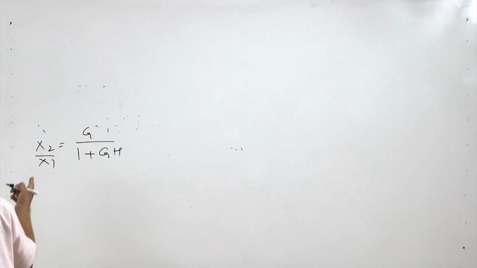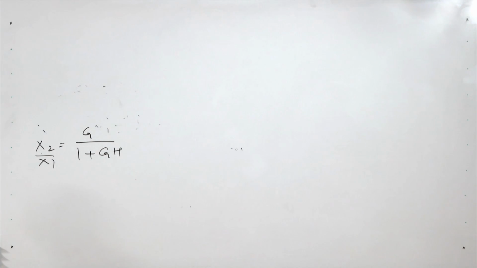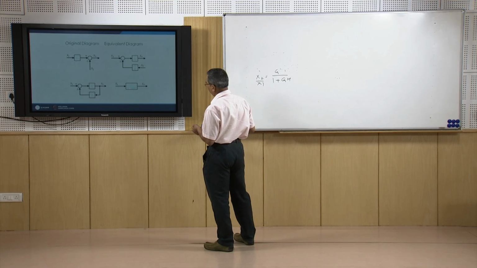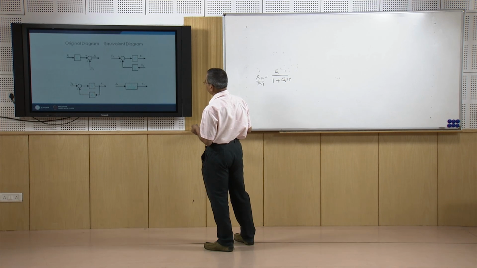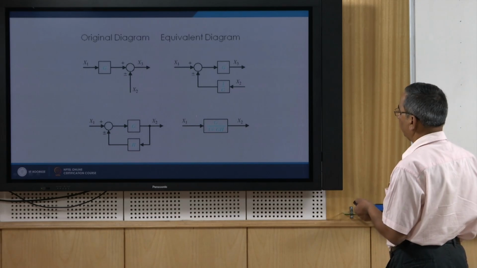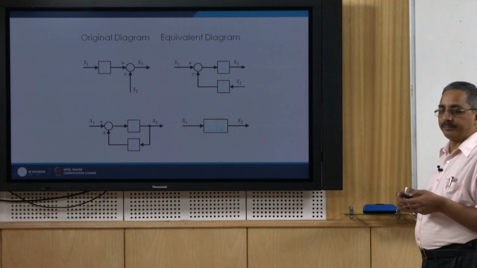Of course, this is valid if you have a minus sign here. If you have a plus sign, then for the positive case you will have the negative sign, and for the negative case you will have the positive sign. So, this is how this can be represented equivalently by this block.